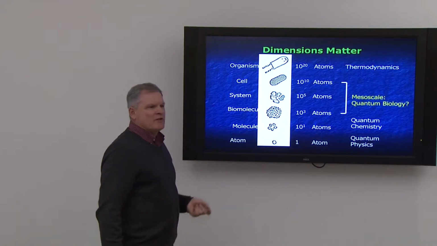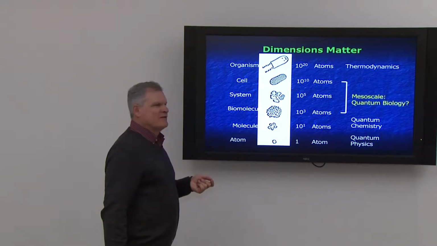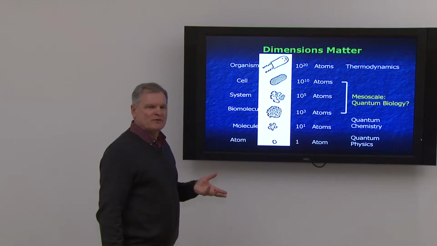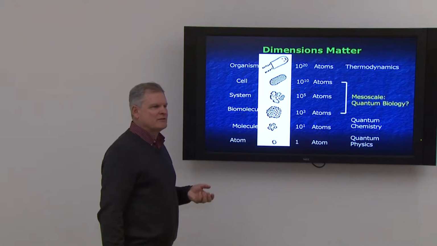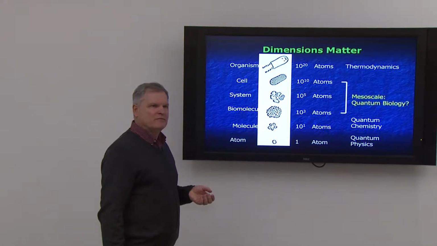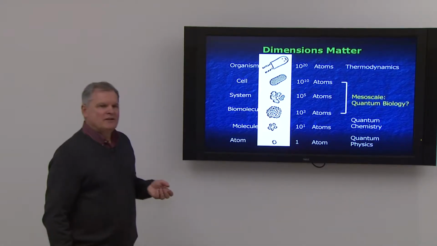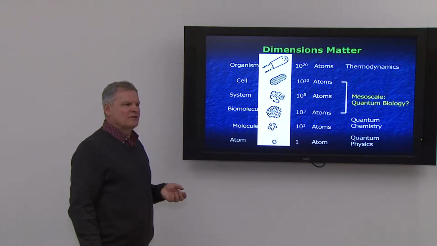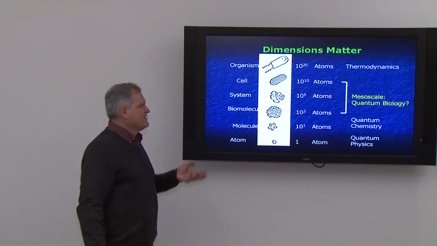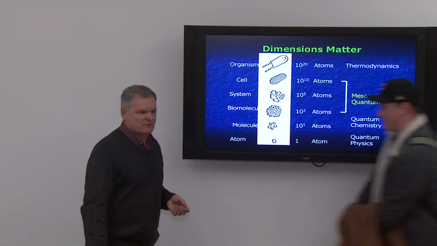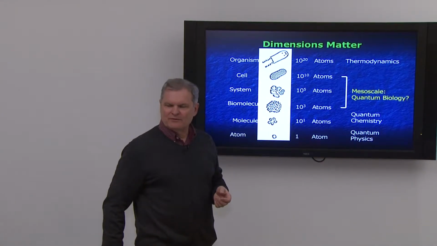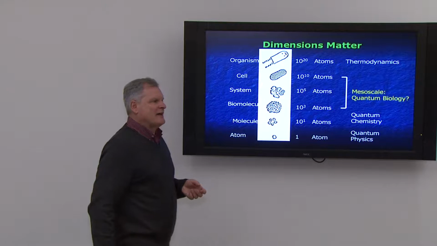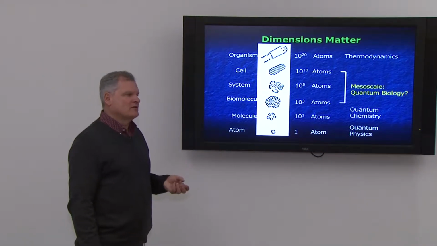Then we go into biomolecules such as proteins and enzymes, and they have thousands of atoms as parts of their structure. A typical protein will have a few hundred amino acids. Each amino acid has something like 15 atoms or so. And that will lead to thousands or sometimes tens of thousands of atoms comprising a biomolecule.